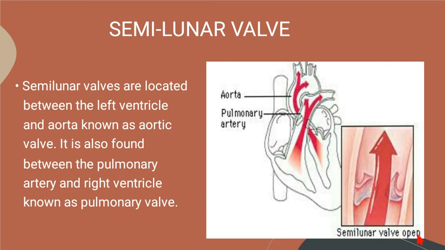You see the semilunar valve opens, so the blood will flow into the pulmonary artery from the right ventricle. And it is also found between the left ventricle and aorta. So between the left ventricle and aorta a semilunar valve is there, and between the right ventricle and pulmonary artery, semilunar valves are there, right?